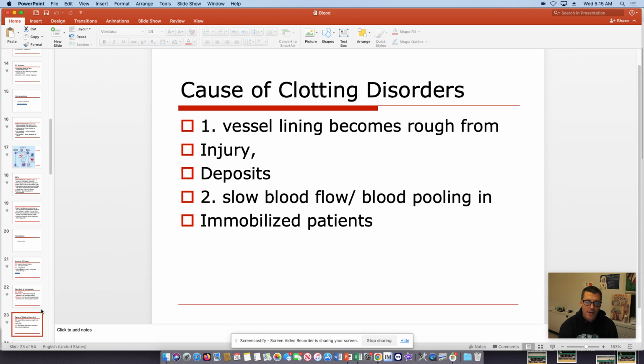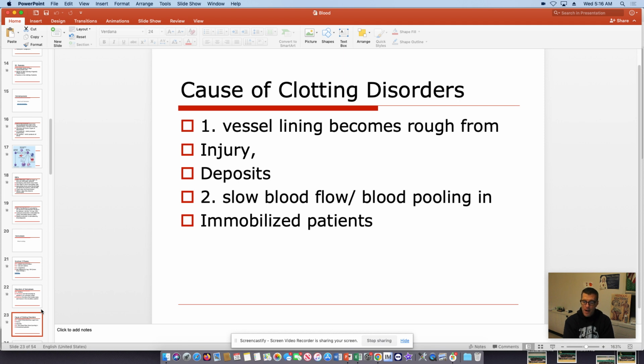The cause of clotting disorders: the vessel lining becomes rough, so that can make it more likely that you would have one of these sort of uncalled for clots. Injury, deposits, buildup of plaque in your vessels. So slow blood flow, blood pooling in immobilized patients.